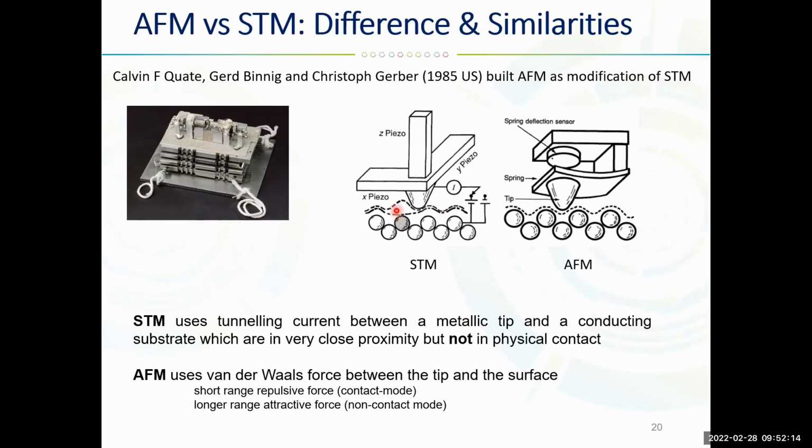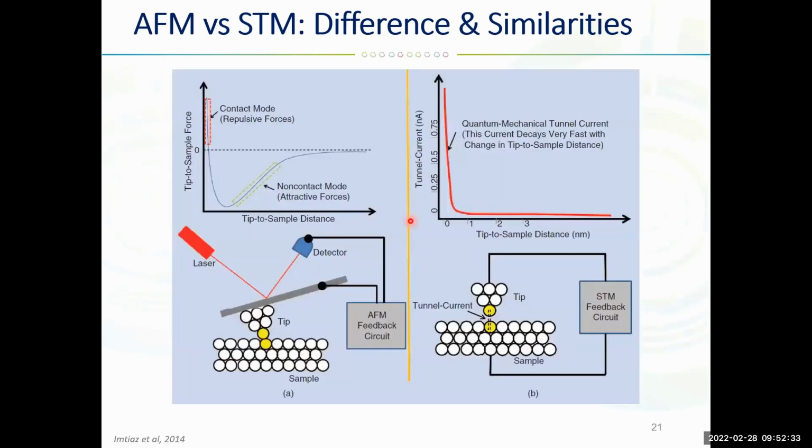Here are the schematics of STM and AFM, and please do not forget that there is always a certain distance between the tip and the sample in STM. And this picture shows basically the similarities and differences between AFM and STM again.